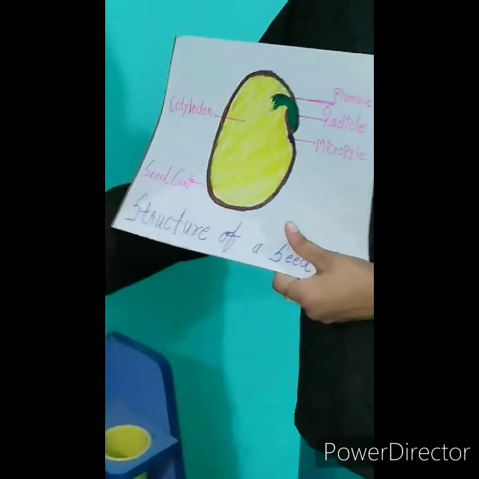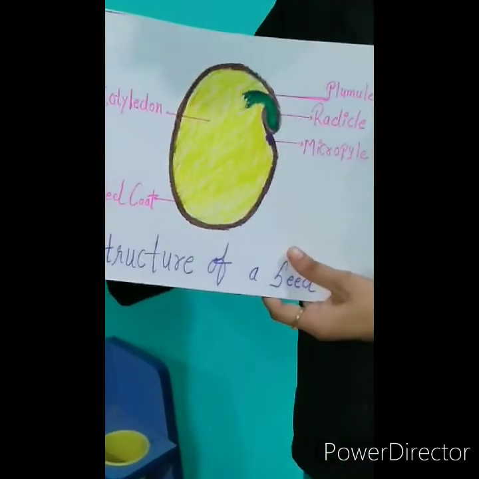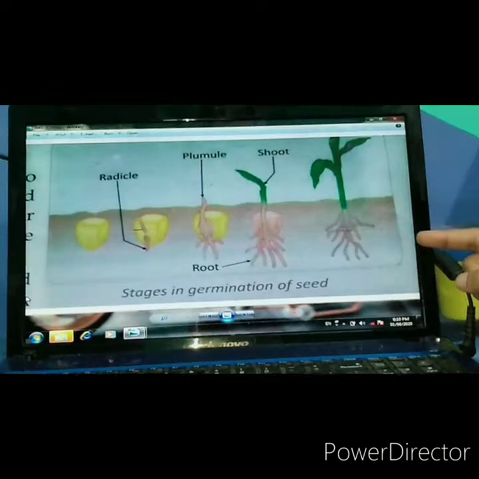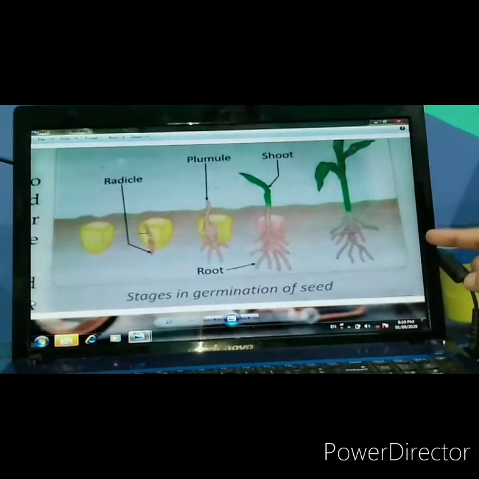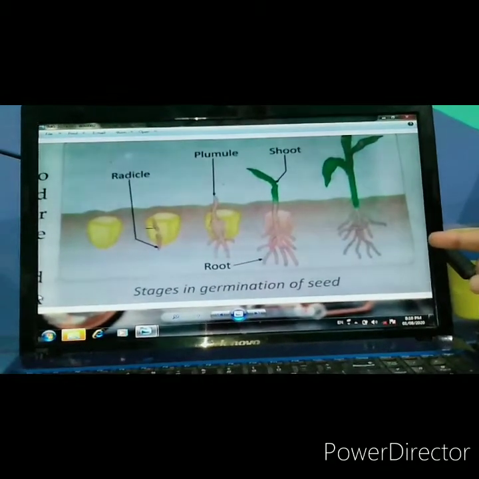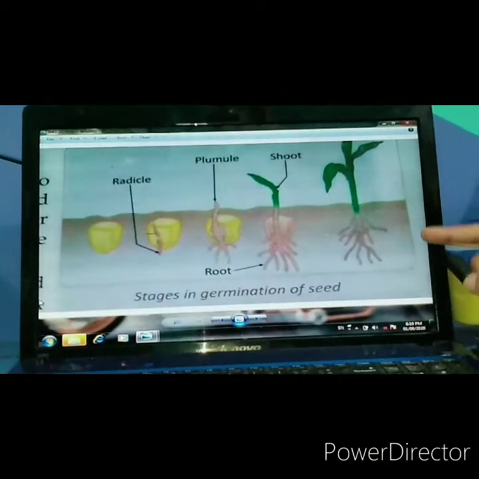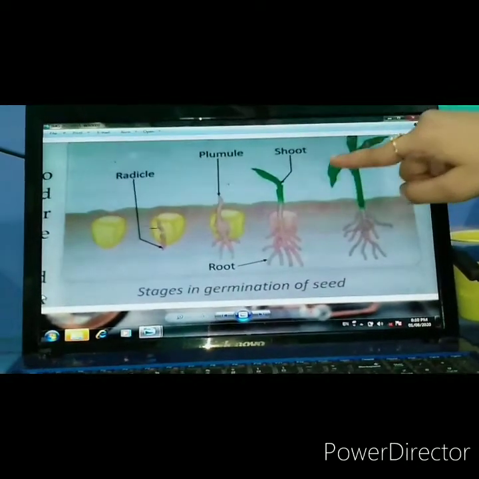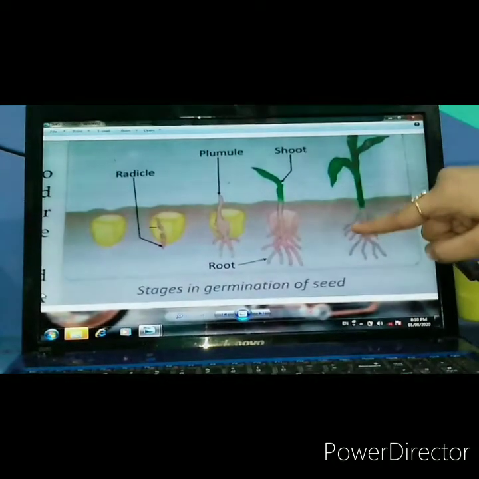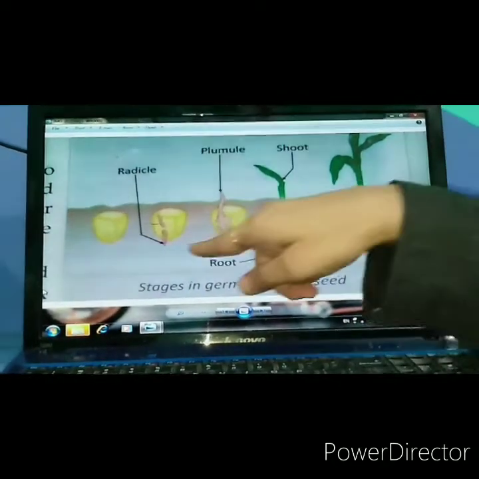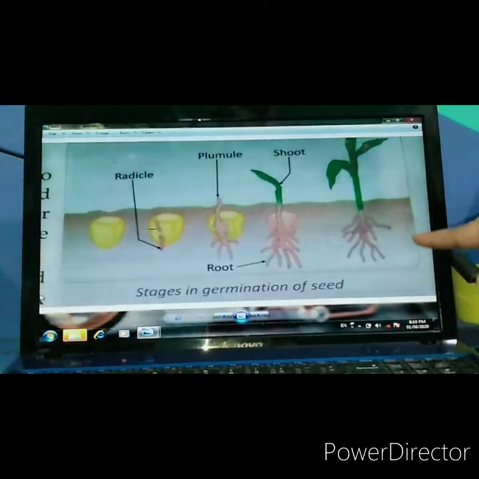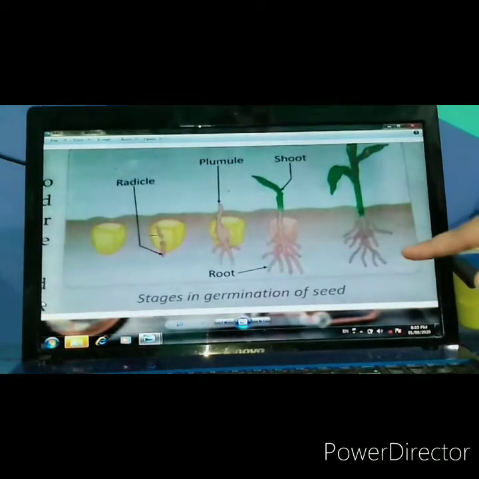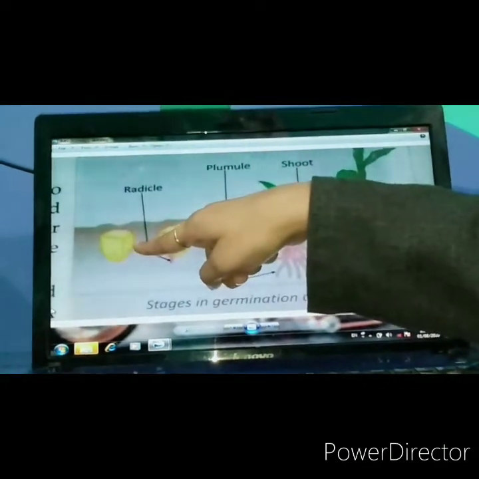So what is germination? Germination is the development of a seed into a new plant. This is known as germination. So you can see the different stages of germination of seed. You sow the seed into the soil.